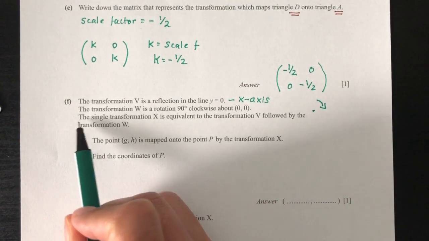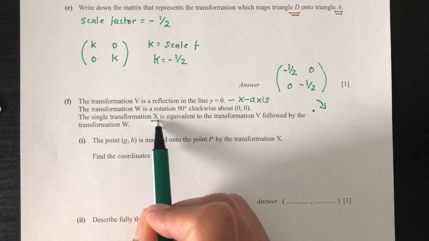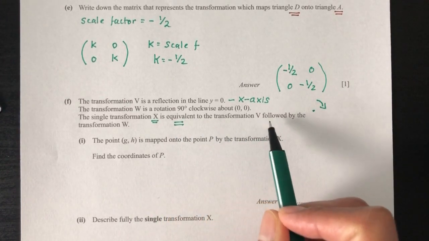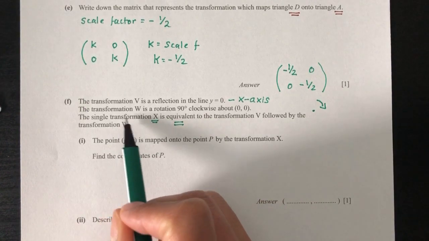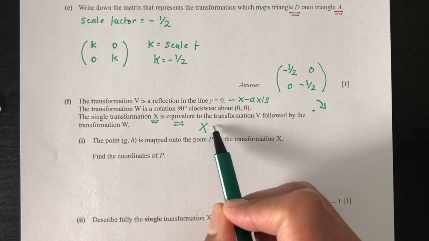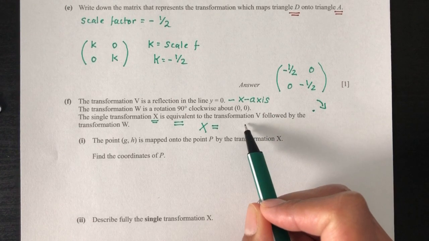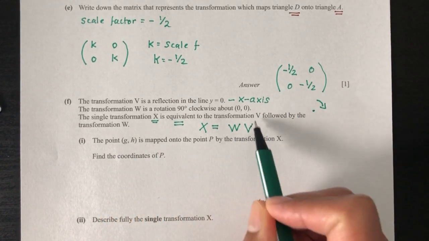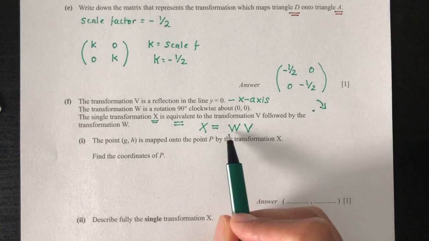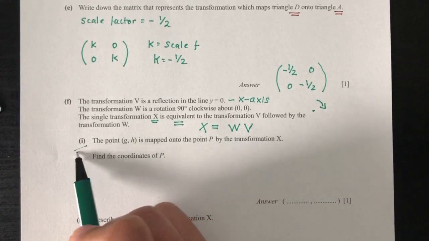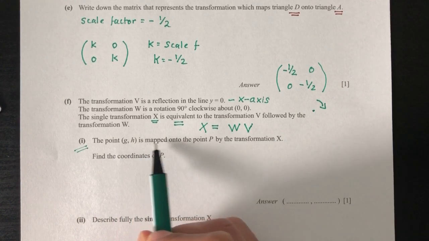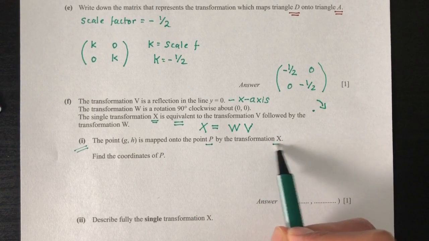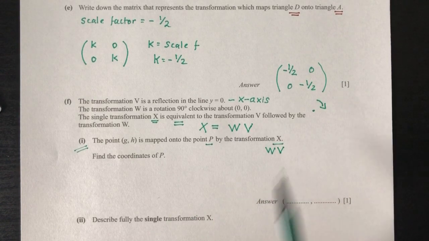Now, the single transformation X is equivalent to the transformation V followed by the transformation W, which means first you have to apply V followed by W. So V then followed by W will be equal to X. Now part 1, the point G, H is mapped onto the point P by the transformation X, which is WV.